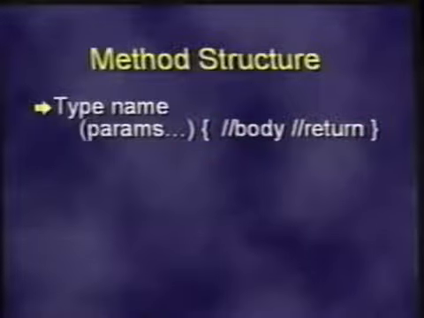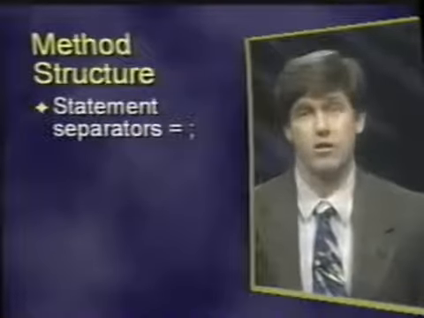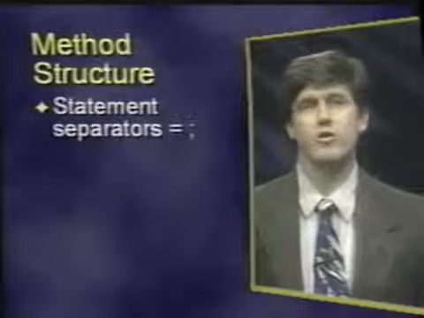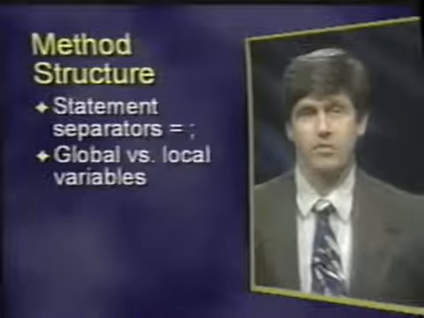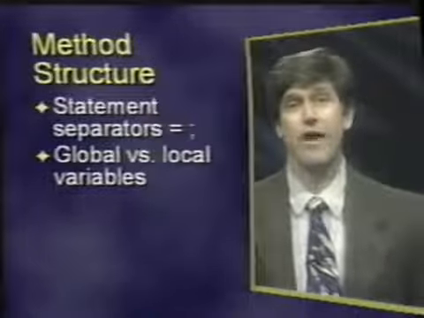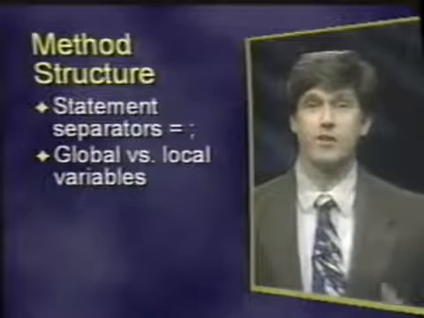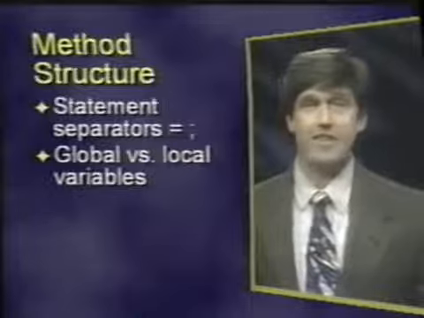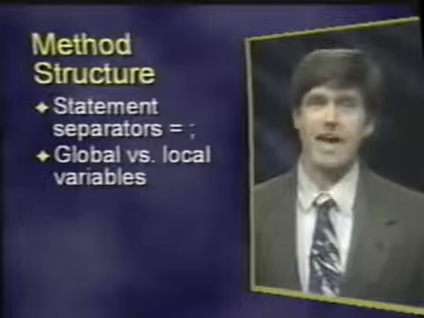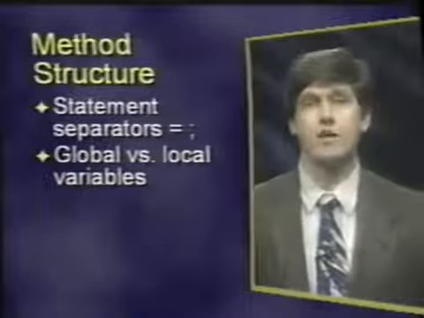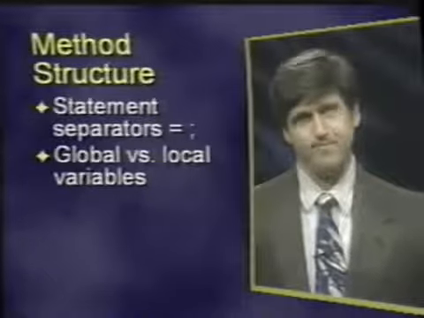Statement separators are exactly the same as in C or C++, semicolons. And you have a notion of global versus local variables by simply defining a field as being static and public. So you've defined a field so that it's accessible via anything, in other words, public, and static, meaning you only have one for an entire set of objects.